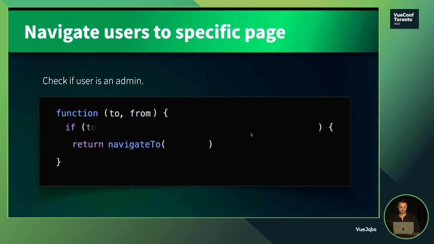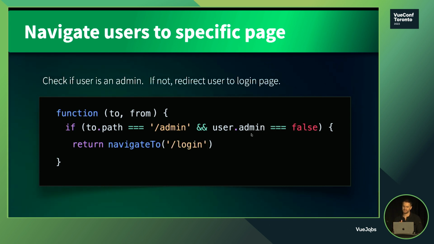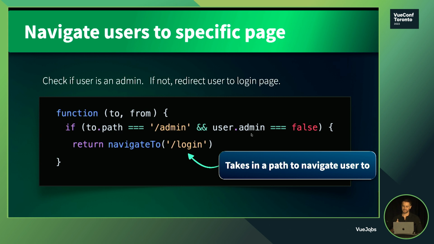The way we would do this is we'd check if the to path is the admin route, and if the user does not have an admin property, we'd then redirect them using the navigateTo helper, and then pass in the name of the route we want them to go to. In this case, it is the login one, as I mentioned.